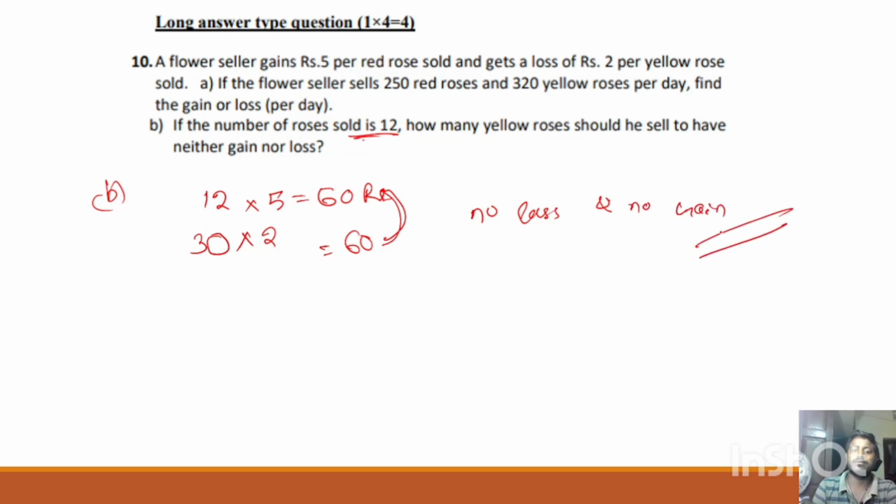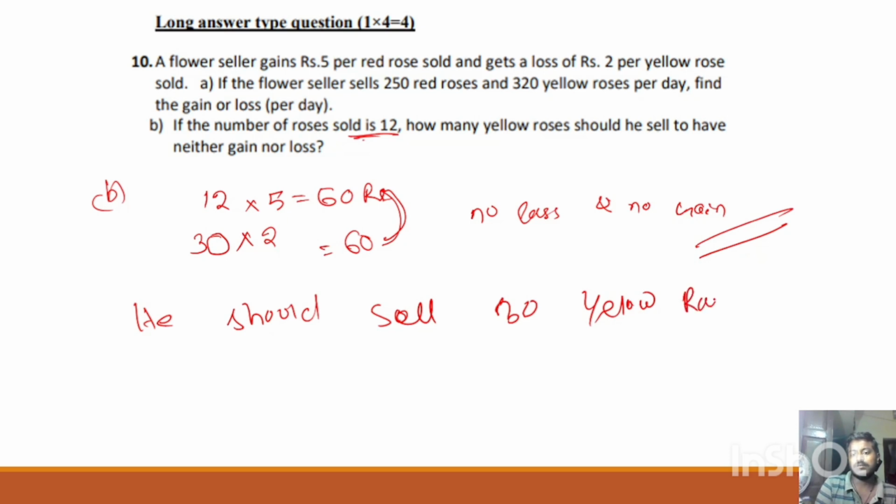right? Understand? Now means he should sell 30 yellow roses to have neither gain nor loss.